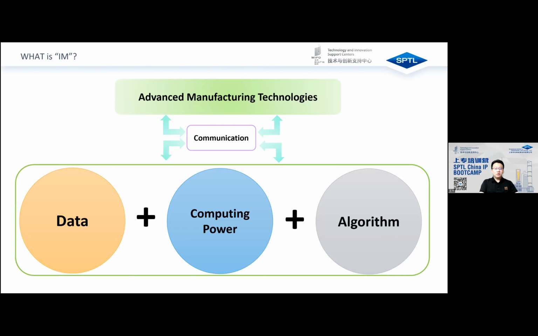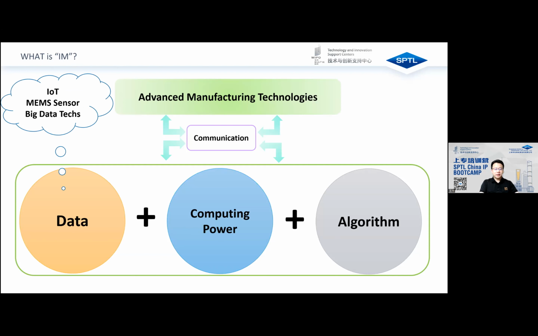For your information, an overview of IM is presented here, since the literal interpretation just now seems kind of abstract. As we can see, the so-called new generation information tech mainly includes data techs.